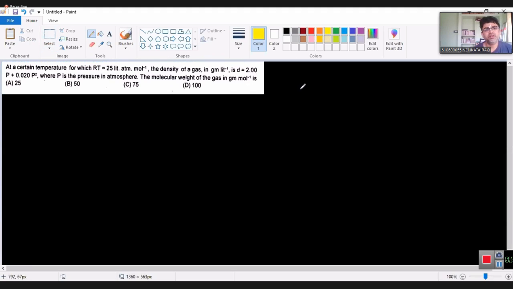At a certain temperature for which RT is equal to 25 liter atmosphere per mole, the density of a gas in gram per liter is equal to 2P plus 0.02 P square, where P is the pressure in atmosphere. What is the molecular weight of the gas in gram per mole?